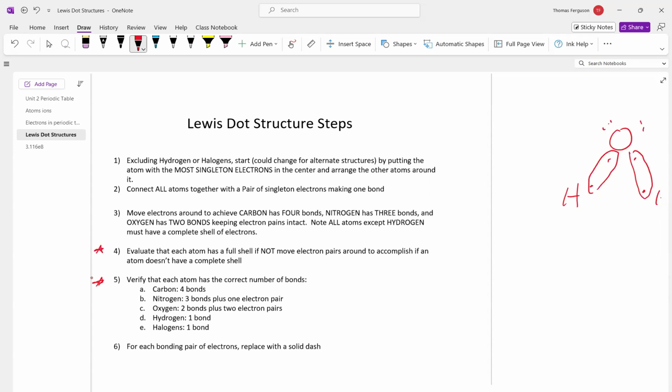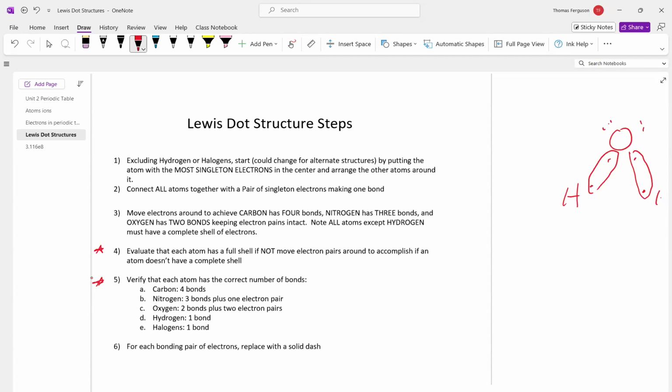If not, you've got to go back and fix it. You can't have any stray singletons. That's called a free radical. Very, very unstable. So no singletons left unbonded. If 4 and 5 are met, it's a legal Lewis structure.